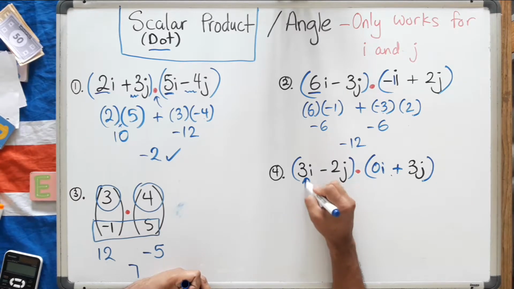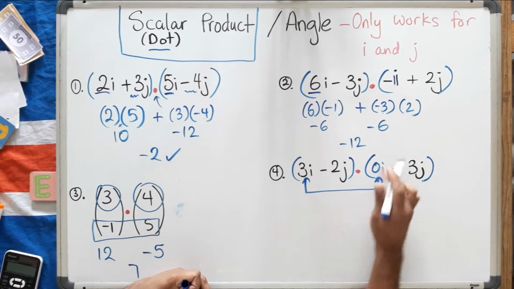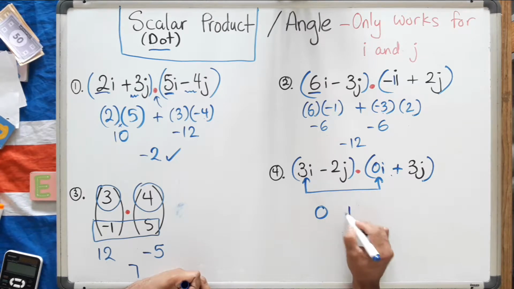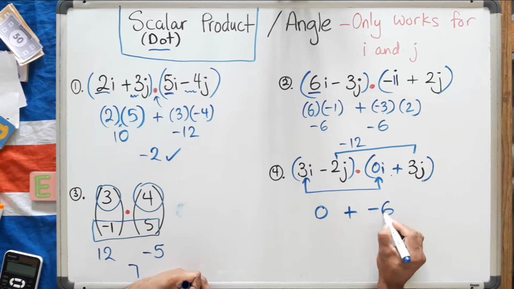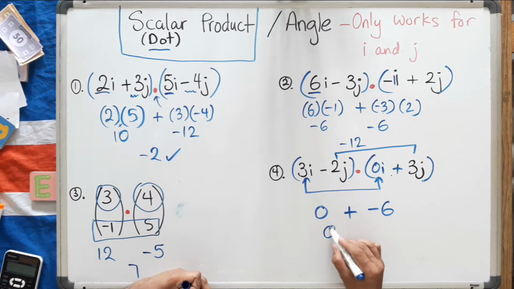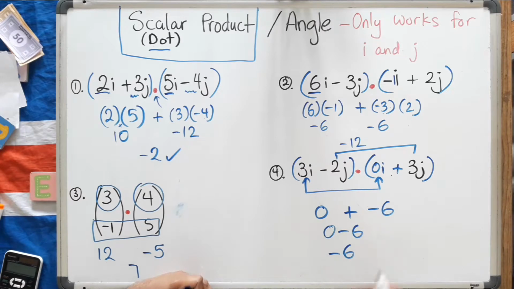And once again, you multiply the i values. 3 by 0 is 0, plus minus 2 by 3 is minus 6. So a plus and a minus is a minus, so we get 0 minus 6, which is minus 6. And those are 4 examples of how to find a scalar or dot product.